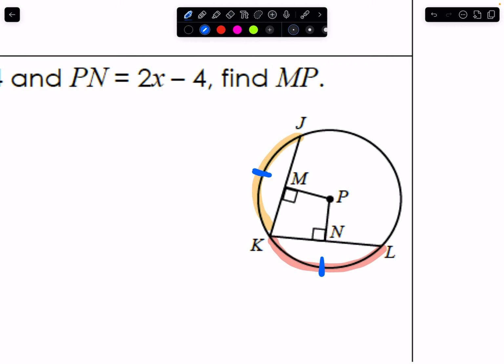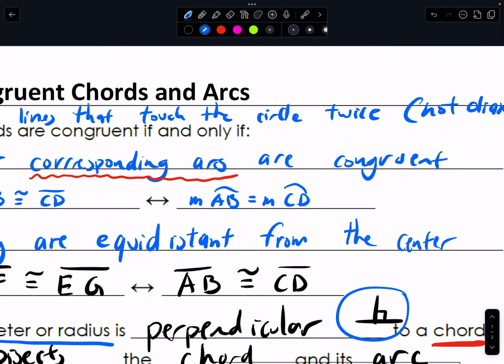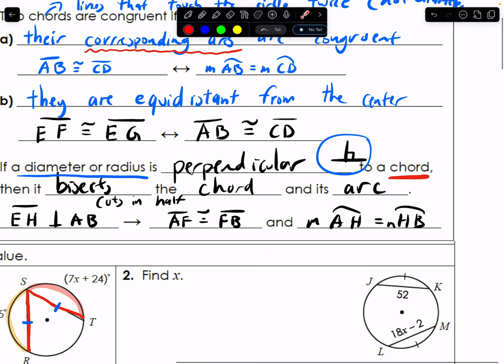If we go back to our first foundational knowledge, if two corresponding arcs are congruent, then their two chords are congruent. Now we're going from arc first to congruent chords.